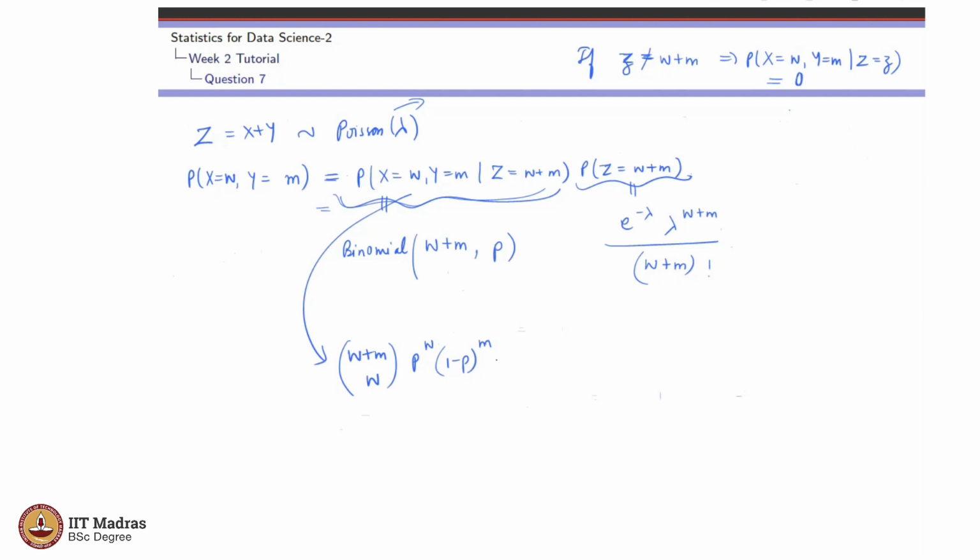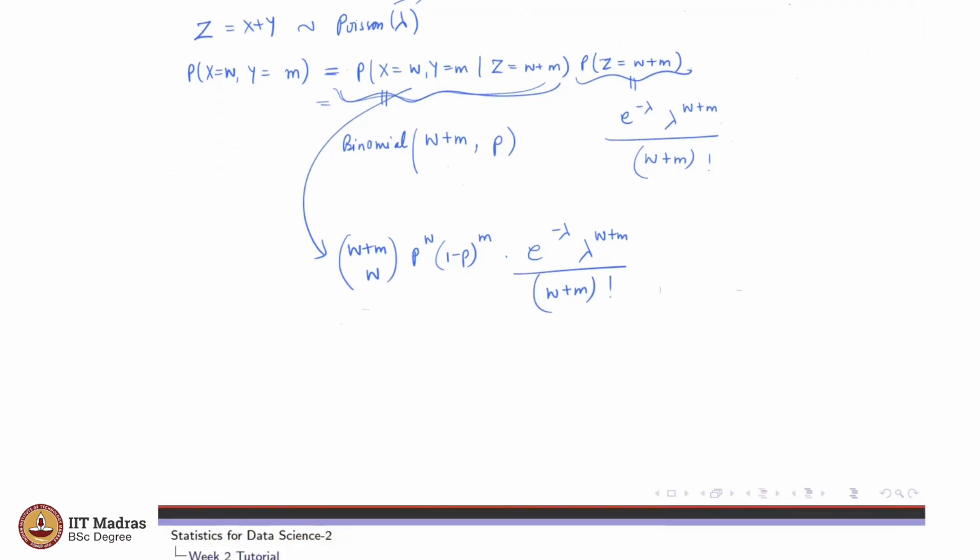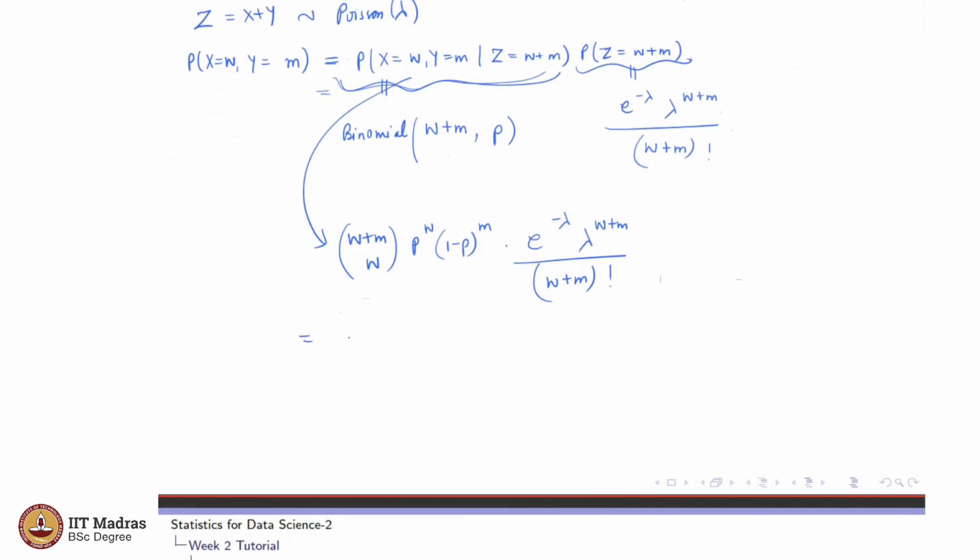Now if you multiply this with e to the power minus lambda, lambda to the power w plus m by w plus m factorial, and solve, you will get w plus m factorial divided by w plus m minus w factorial times w factorial, p to the power w, 1 minus p to the power m, e to the power minus lambda, lambda to the power w plus m divided by w plus m factorial.